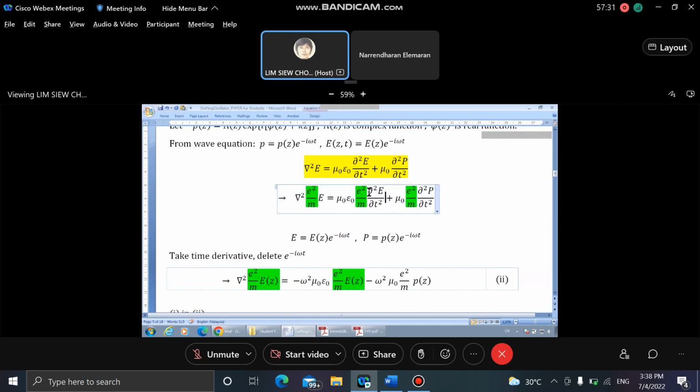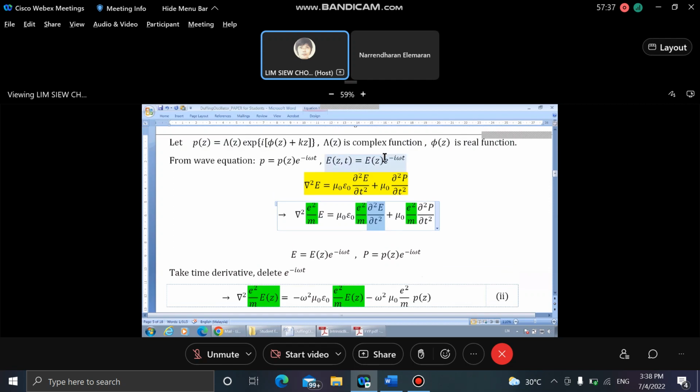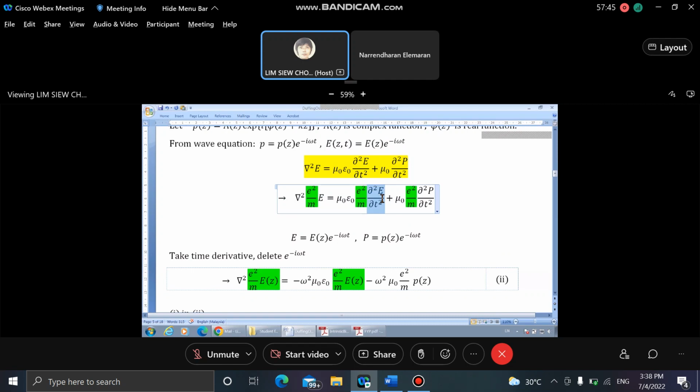Okay, and then here, according to the paper, the time dependence part of E is like this. So you take the double time derivative. Okay, you take this double time derivative, then you get the minus omega square and the time derivative.